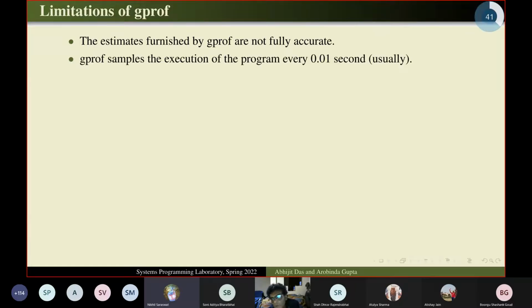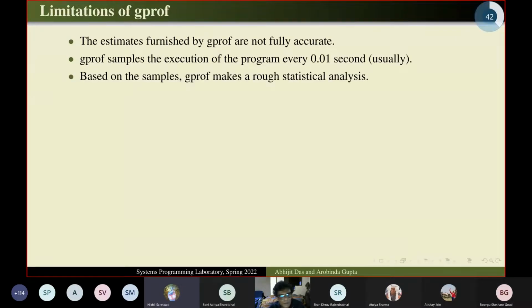And why approximate? It does not keep on monitoring your program continuously. Instead, every 10 milliseconds, it makes a sample of the execution of the program. It takes a snapshot, and based upon those samples, it makes this statistical estimate.